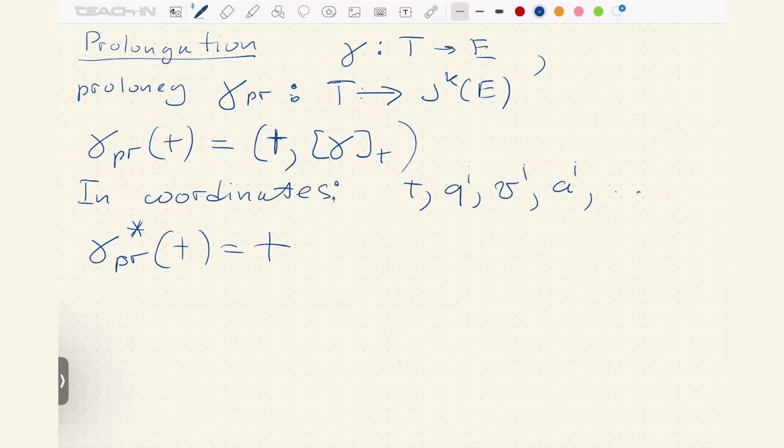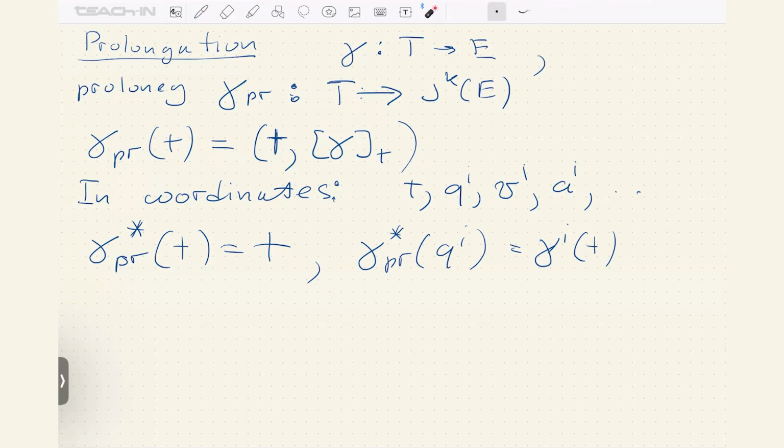It takes a point of a base space to a point of a fiber over exactly the same point. Then, of course, gamma star of q^i is just gamma^i of t. These are precisely the functions which define our initial section. And then you just get derivatives. Everything is very natural.